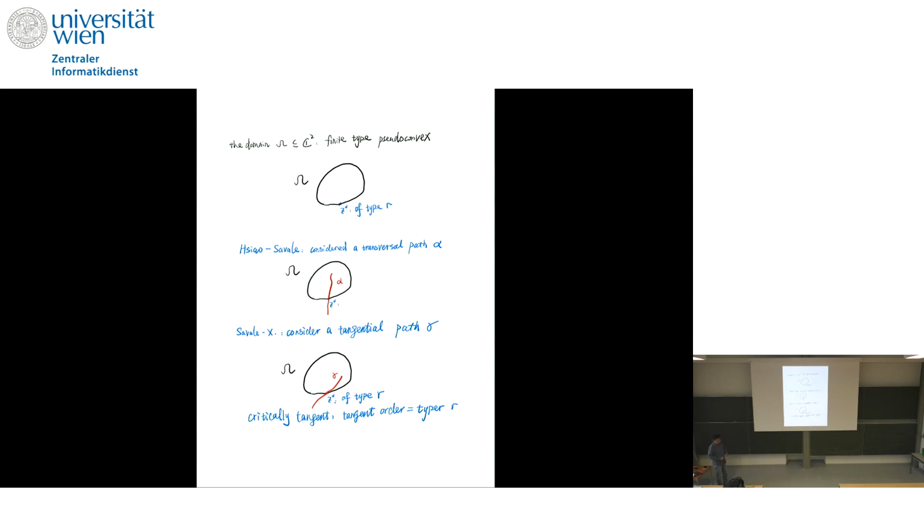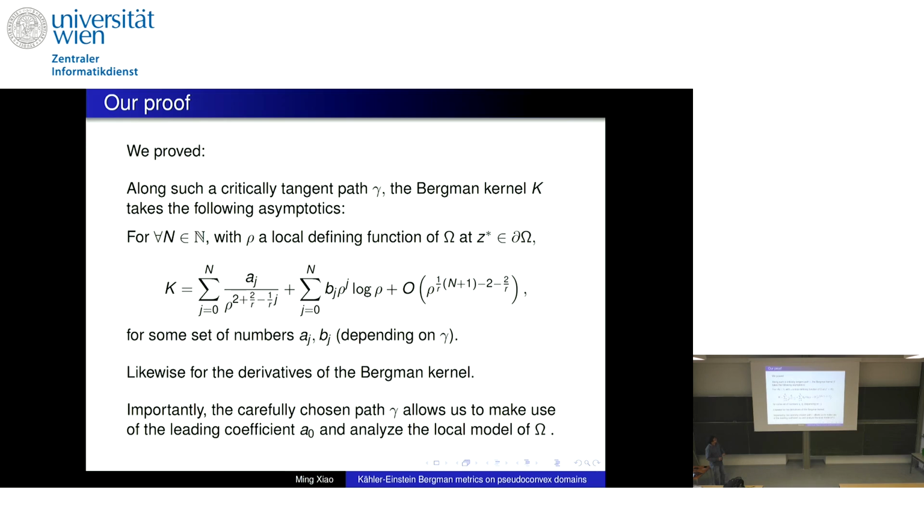It is, furthermore, chosen to be critical tangent, which means the tangent order equals the type R. And with such a choice of tangent path gamma, we can prove that the Bergman kernel along gamma has the following asymptotics, where rho is a local defining function, which we assume to be positive in the interior, near the boundary point that we marked with the star.